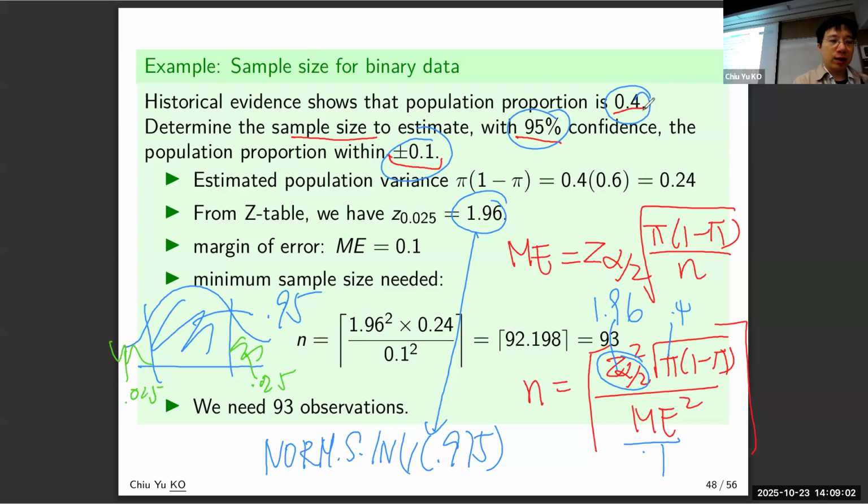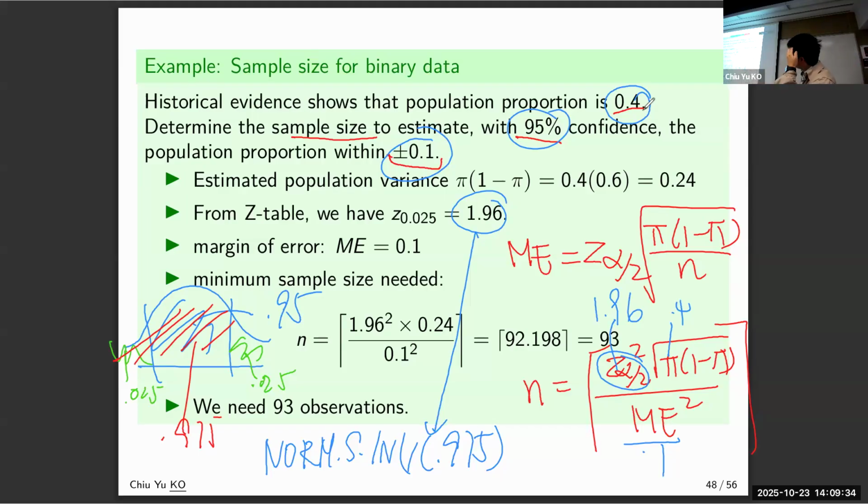And at this point, this is 0.975. So that's how we get that one. Is that okay? There is nothing very new here, but we give you the formula very nicely. We tell you that if you know it's 0.4, the number of observations you need is 93.